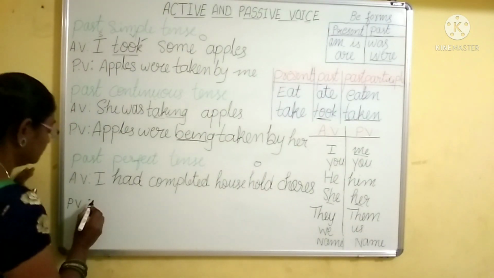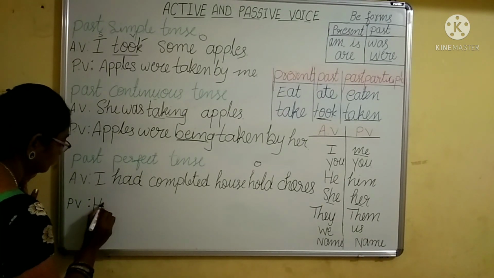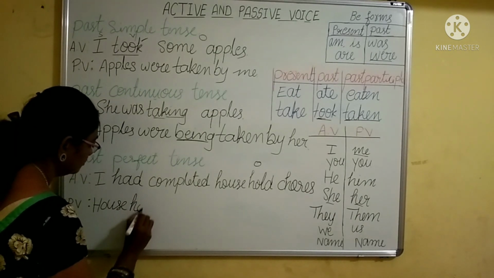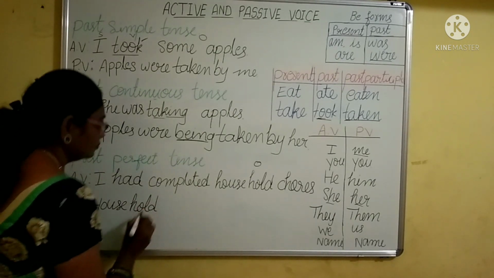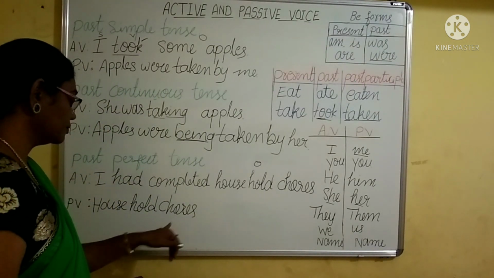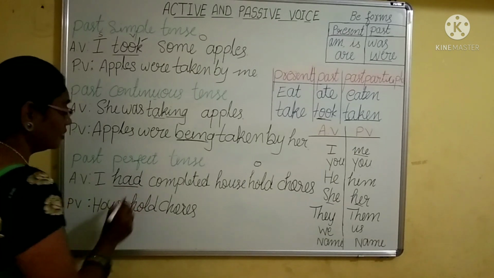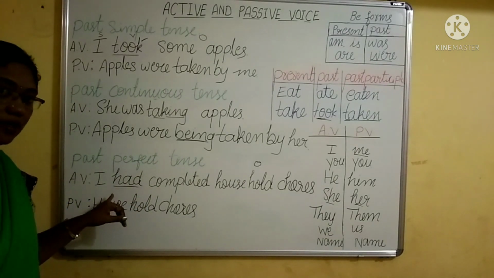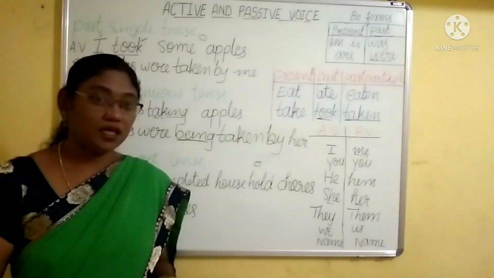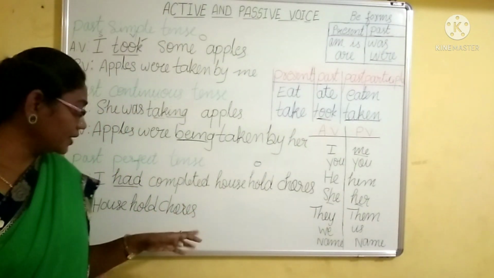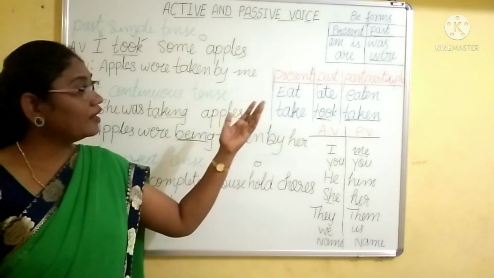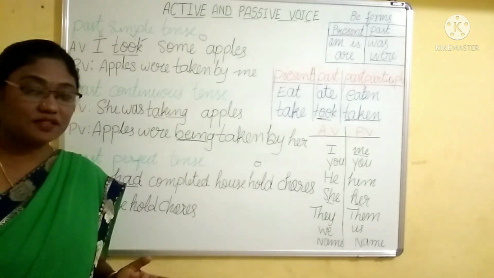Household chores. What is there in the helping verb? Had. And do we need to change the helping verb here? Do we need to select the be forms and other things?